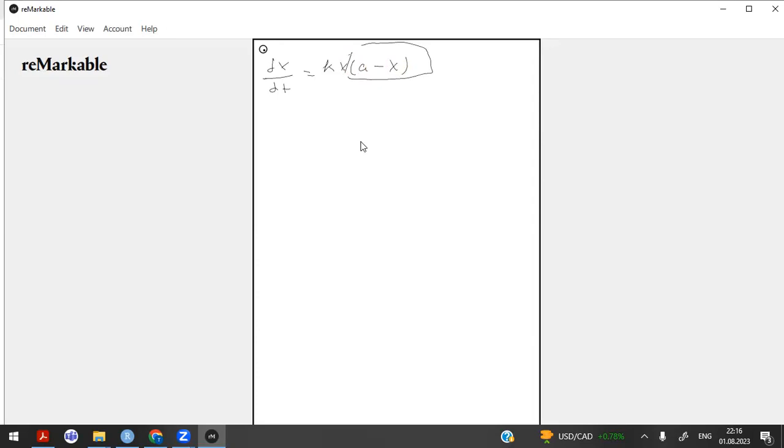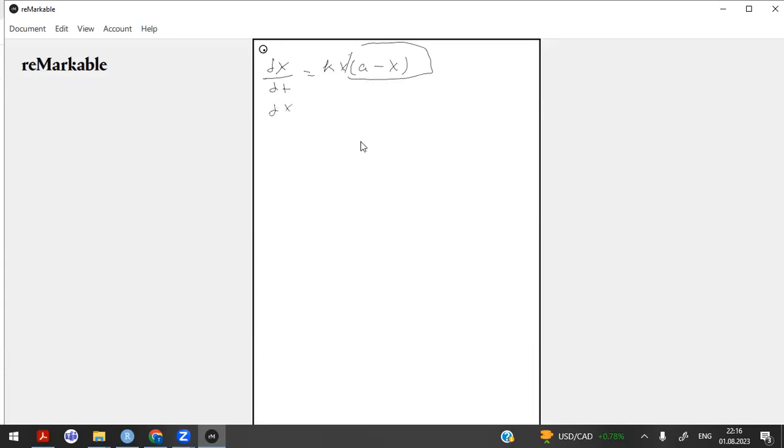But now we have a differential equation, and our great task is to solve it. As you may have already noticed, this is a separable differential equation. So let's separate it.